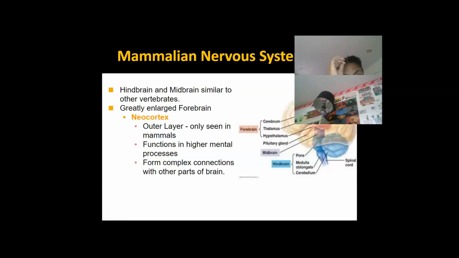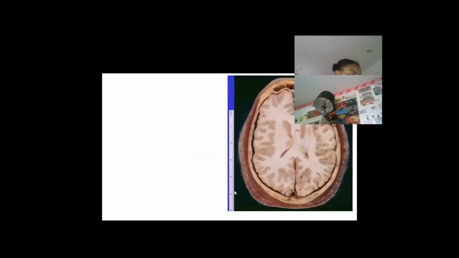This outer level is your higher level processing, your critical thinking, your decision making, your deliberateness, your ability to guess the future, that sort of thing. And so there are lots of complex connections occurring within the brain itself.